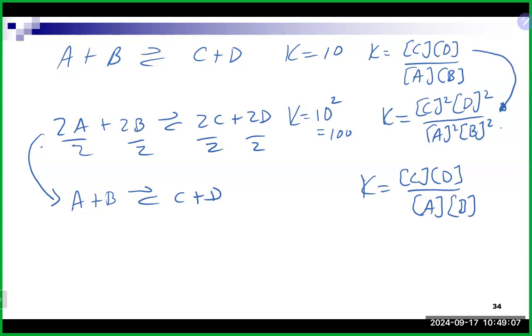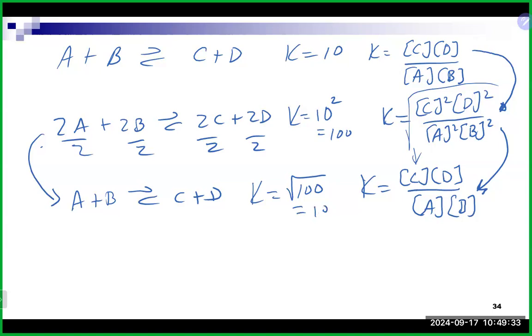And now as I go from here to here, the difference is the square root of it, right? I basically took the square root of it. I divided by 2, so I took the K value to the square root. So the K in this case would be the square root of 100, which would give me back 10 in this particular example.